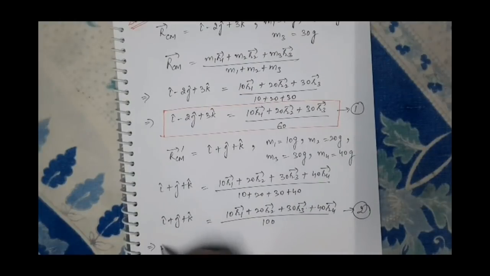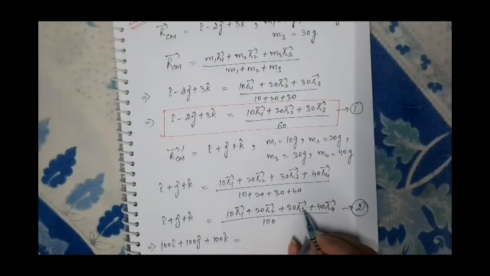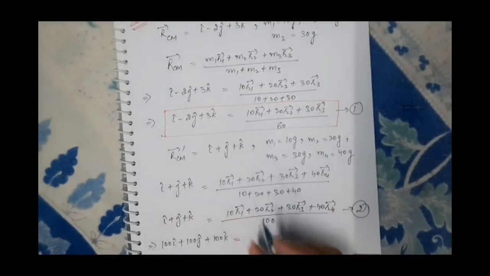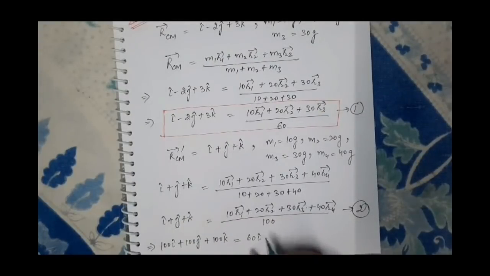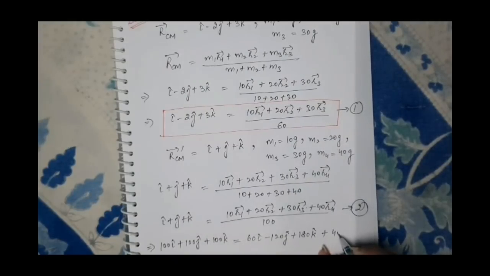It will be 100 i cap plus 100 j cap plus 100 k cap, equal to, putting the values of these three from equation 1, 60 into i cap, 60 into minus 2 j cap, that will be minus 120 j cap, 60 into 3 will be plus 180 k cap, plus 40 r4.